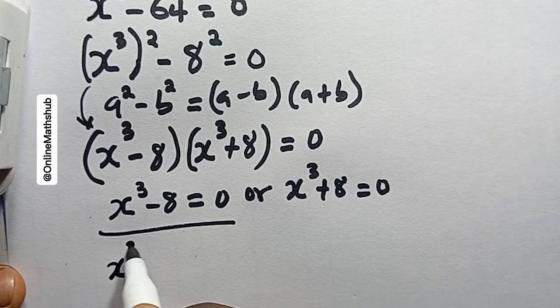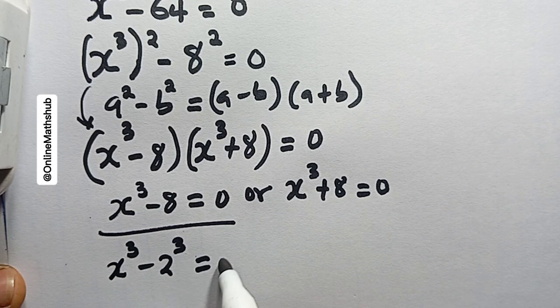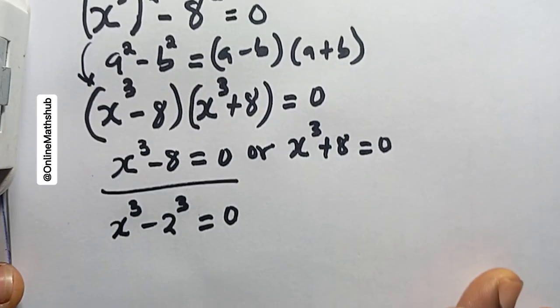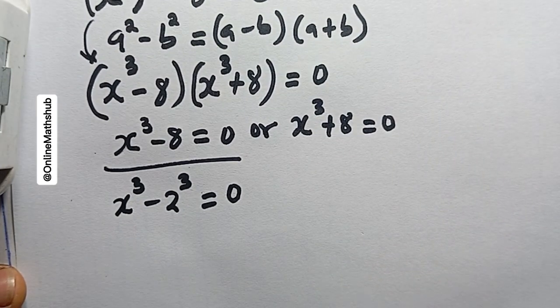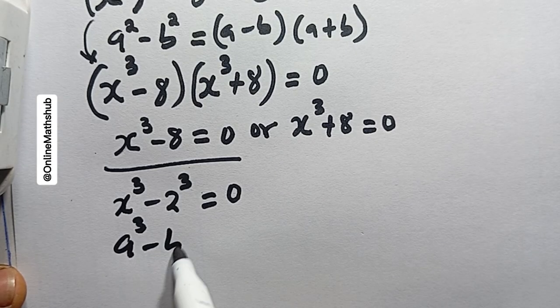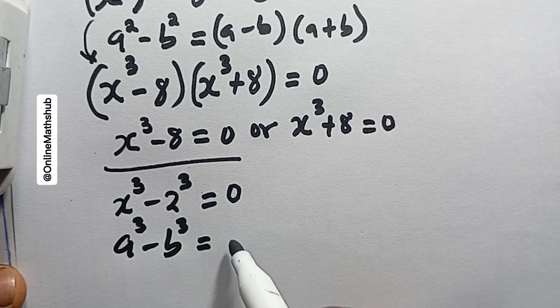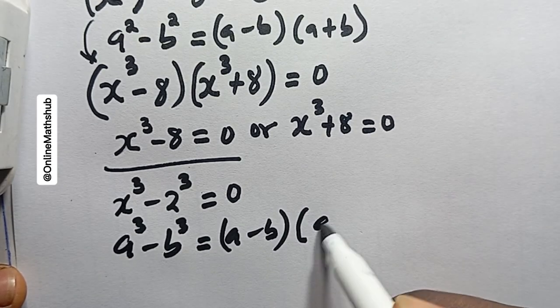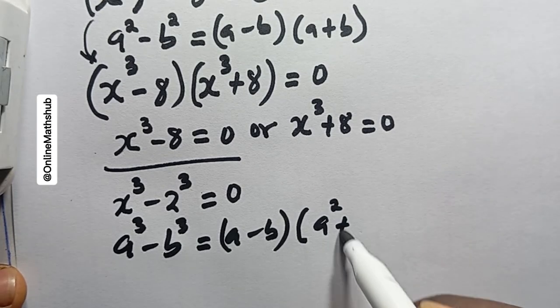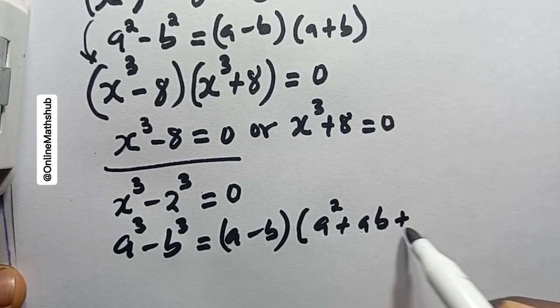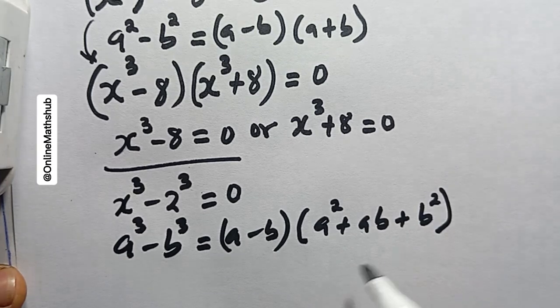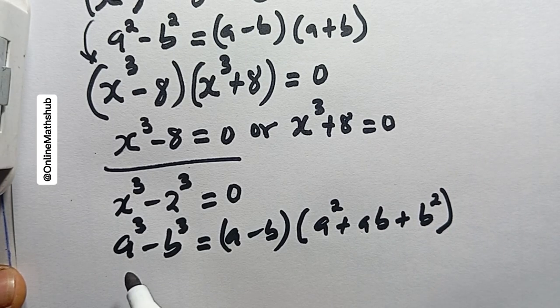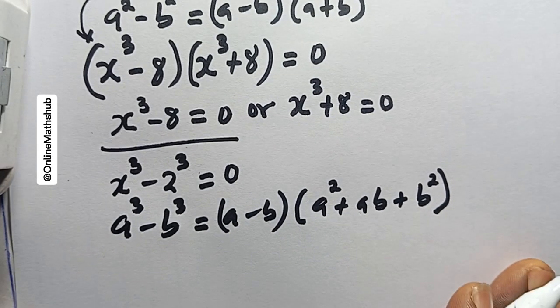x power 3, I can write this 8 as 2 power 3, is equal to 0. Okay, and you can see that this is the difference of two cubes, and you can remember that if you have a power 3 minus b power 3, you can expand this to be a minus b, and then multiply by a squared plus ab, and then plus b squared. When you multiply this, it is going to give you the difference of two cubes.